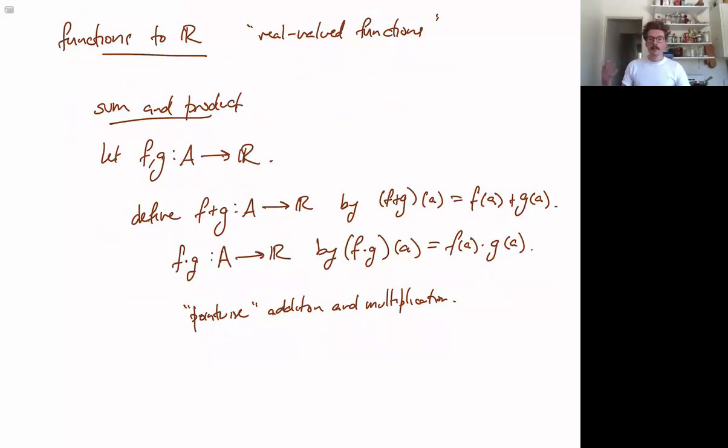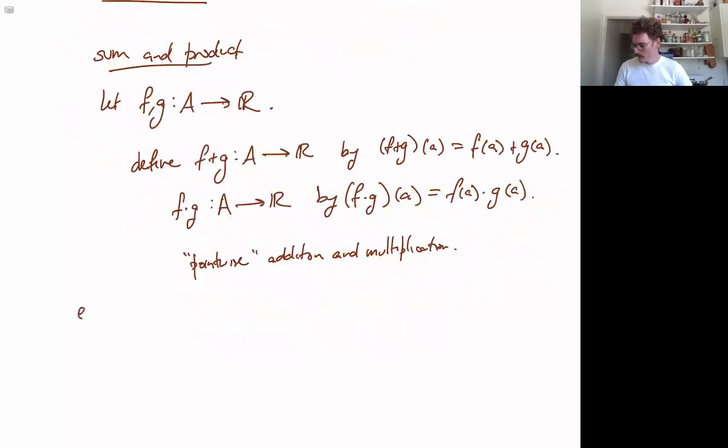This probably is quite familiar, but let's just do some examples. For example, if f of x is x squared and g of x is 2x, so we're thinking of f and g as being, let's say, functions from the real numbers to real numbers in this case.